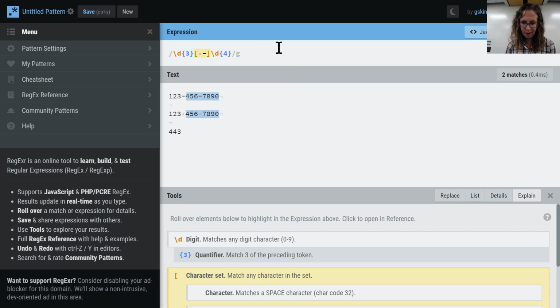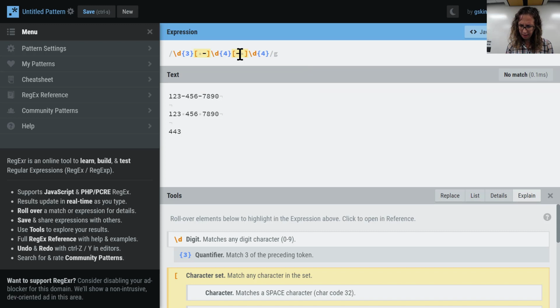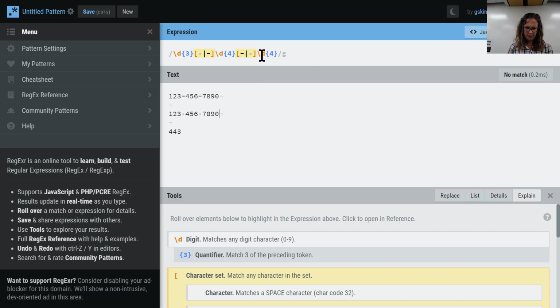Let me add one more. I want to have ors on these. So what am I doing wrong on this that it's not matching?